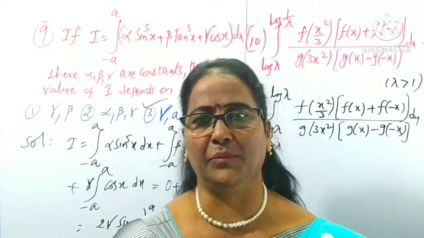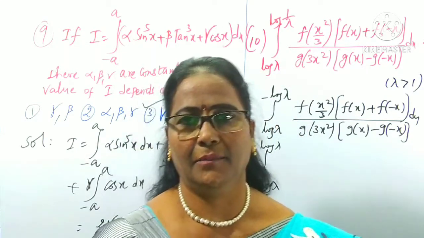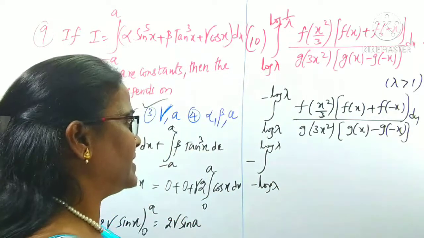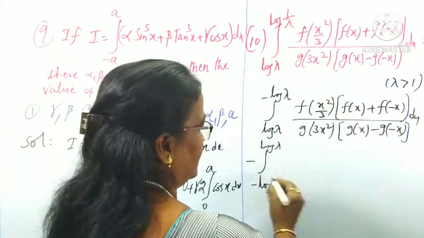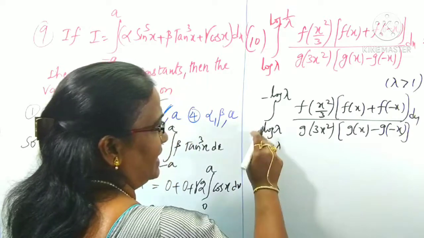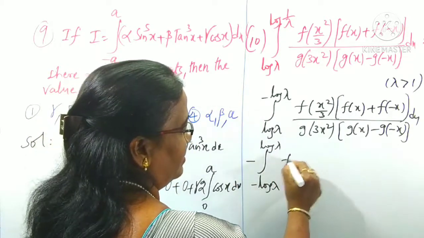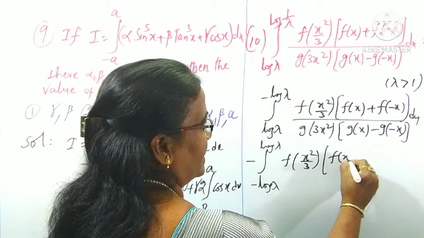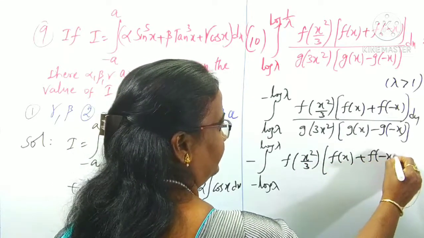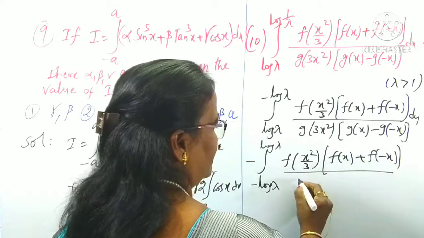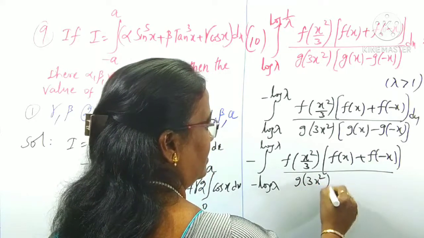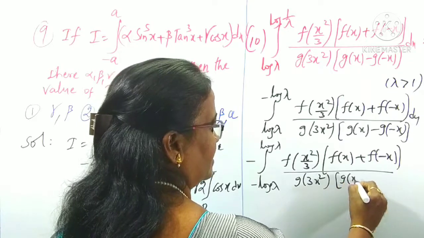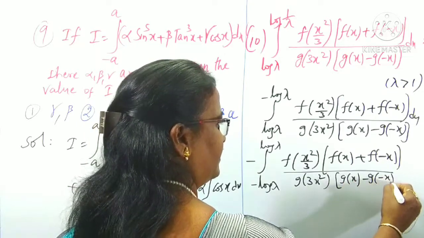Those properties I already mentioned in part 1, right? That is what I am using here with the minus. This is as it is, because why is it minus? I interchanged the limits. Now x square by 3 f of x plus f of minus x, right, upon g of 3x square, g of x minus g of minus x, right?